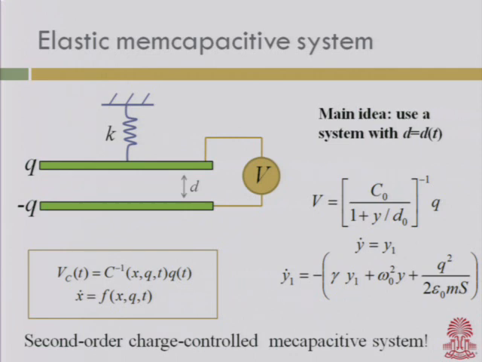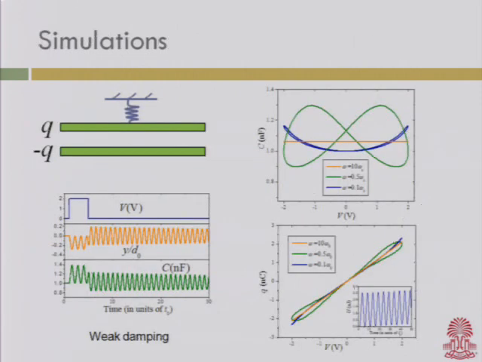So it's clear that these equations fall into the category of second order charge-controlled Mem-capacitive systems. If I do a simulation of this system, I obtain this kind of hysteresis loop: for charge versus voltage I have a pinched hysteresis loop.